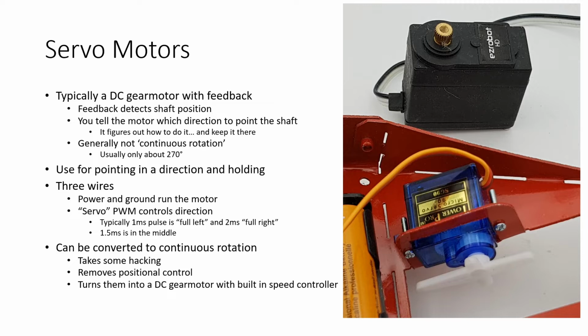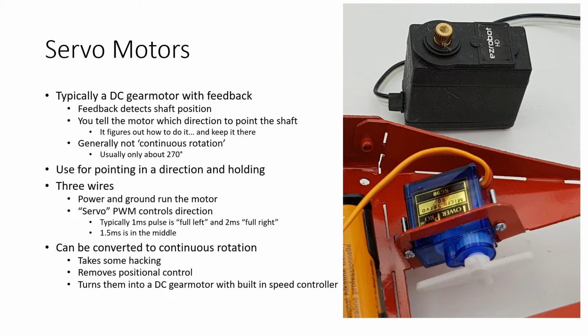They won't just keep spinning like a regular motor, because as you'll know if you've worked with a potentiometer, it's limited in how far it can spin, since you go from high resistance to low resistance, and then you have to spin back and forth. So you've only got about 270 degrees of rotation on these. They're good for positioning things, but maybe not so good for moving things long distances.